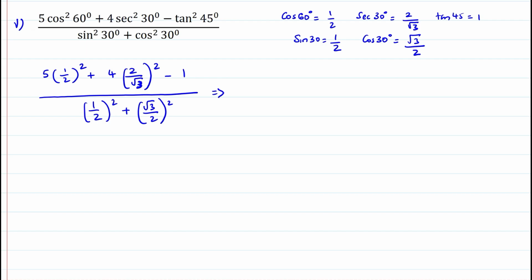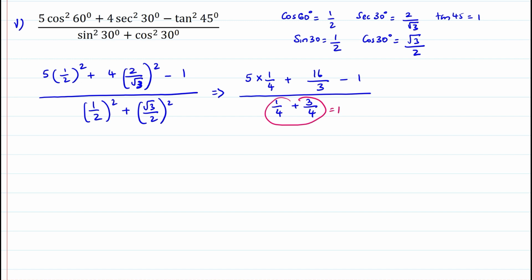This implies the numerator will be 5 into 1 by 4 plus 4 into 4 by 3, 2 square is 4, 4 into 4 is 16 divided by 3, minus 1. The whole thing divided by 1 by 4 plus 3 by 4. 1 by 4 plus 3 by 4 will be equal to 1.